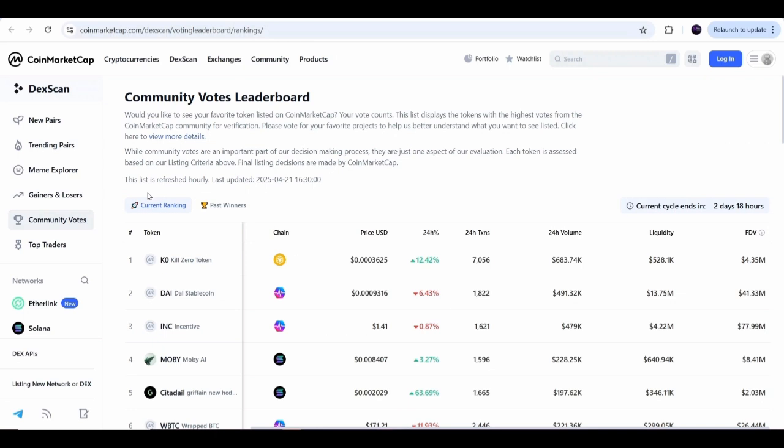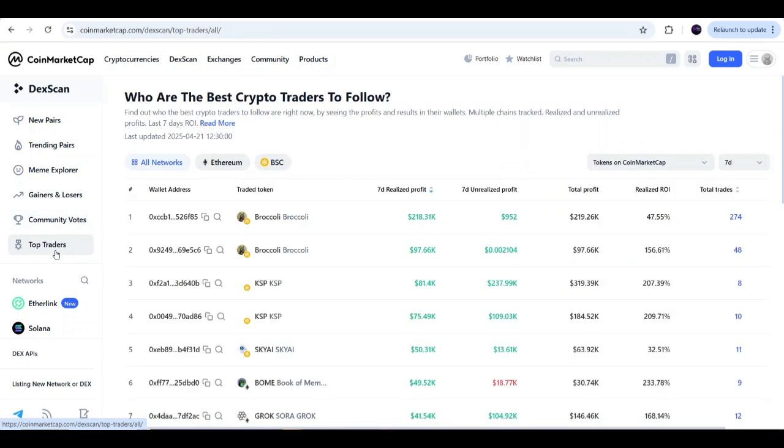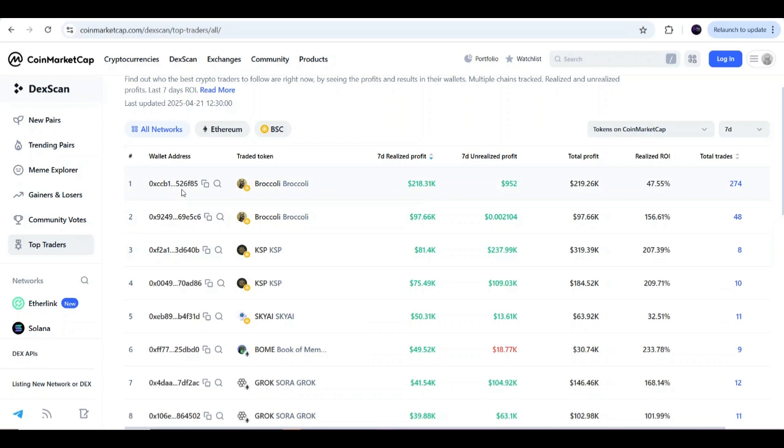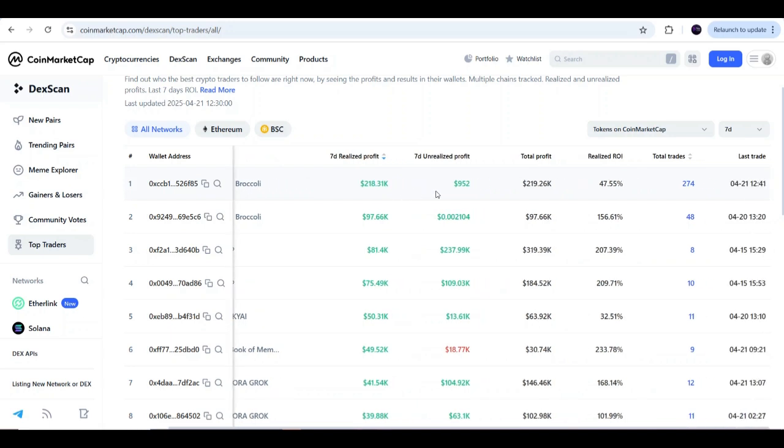After community voice, one click down, you have top traders, and you can see all the top traders in the market, which is great. It gives you the wallet address. You can choose all networks, or Ethereum or BNB, and it shows you that specific blockchain. It gives you the wallet address, the token they traded, and 7 days realized profit. For example, the first one is 280K. Then 7 days unrealized, total profit, realized ROI, total trades, and last trades.